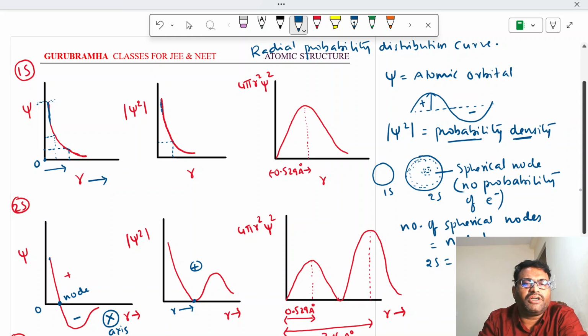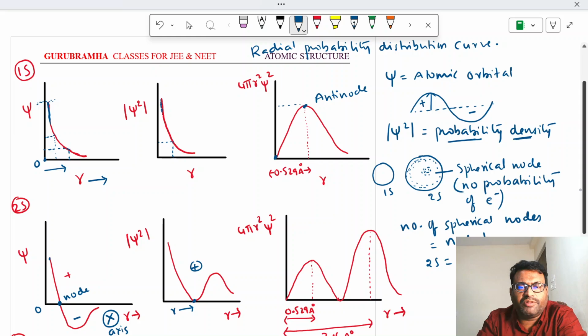Now when you are drawing the graph for the 1s orbital between 4 pi r square psi square and r, it starts with 0, and as the distance increases, the graph increases and reaches a peak value, and if distance still increases, the graph decreases. What is this peak called? An antinode.